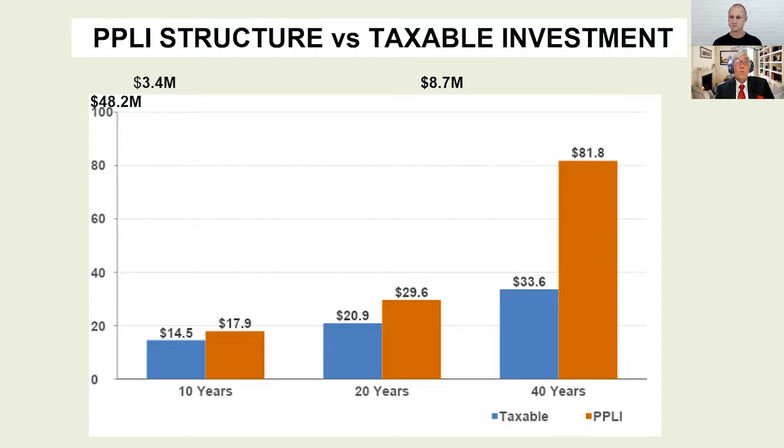So you have almost $50 million more in a PPLI structure over 40 years. A very powerful result. That's a big difference. Most people's time horizon is more like 10 or 20 years, but even then, you're much better off.